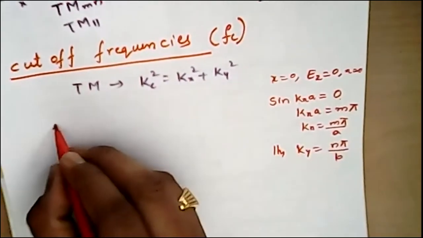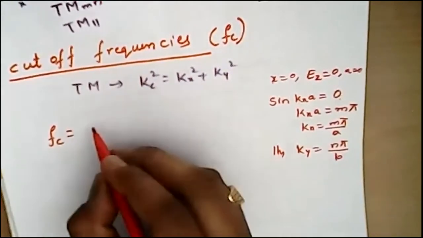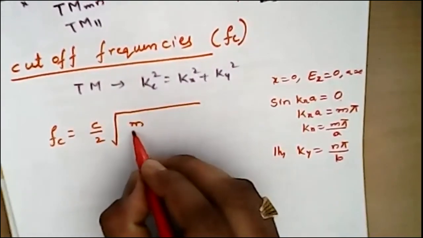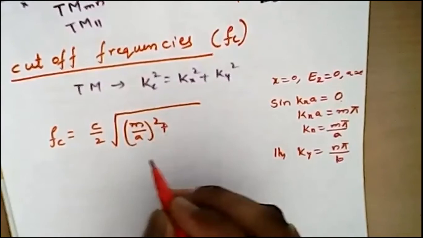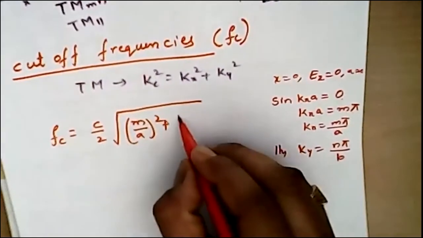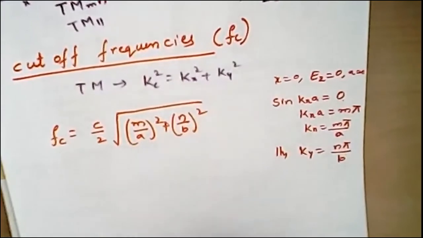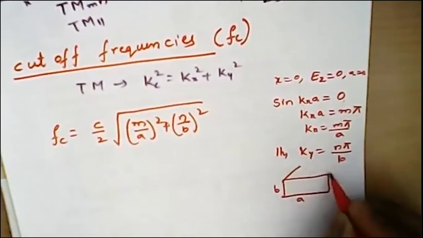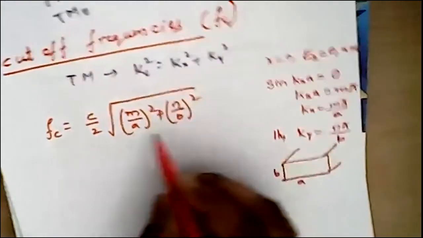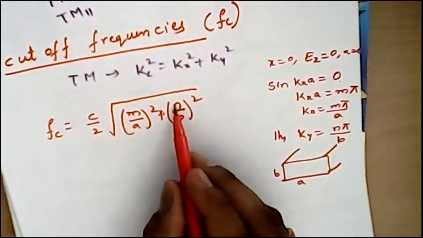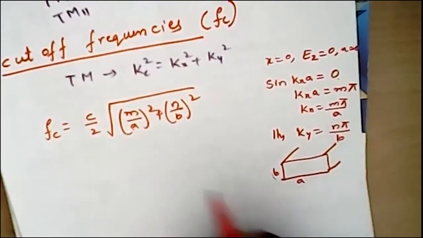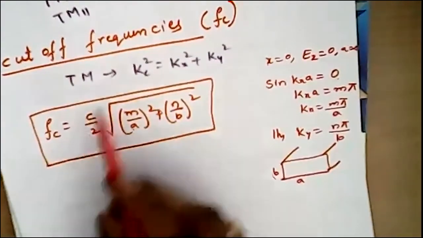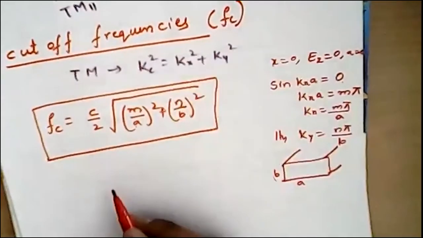So we have an expression for cutoff frequency: c by 2 times the square root of (m by a) whole square plus (n by b) whole square, where m and n are the modes, a and b are the dimensions of the waveguide, and c is the velocity of light. This is the most important expression used to calculate the cutoff frequency.